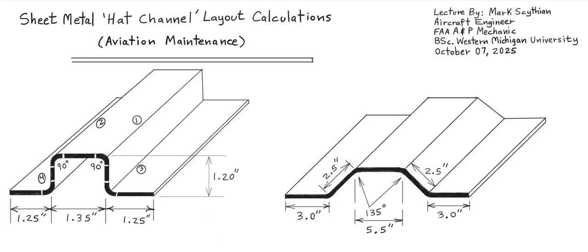So we're taking it out of some unbent sheet metal section with constant width. So we have to cut the correct length that will then bend into the 90-degree hat channel. And remember, you can bend, but you cannot unbend.